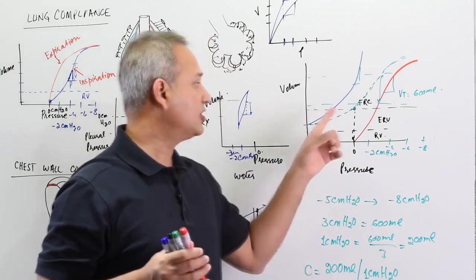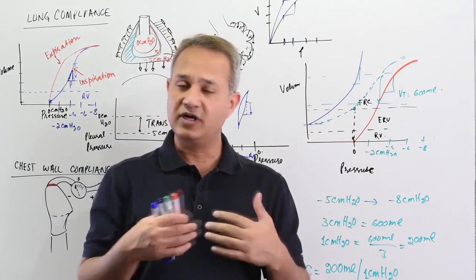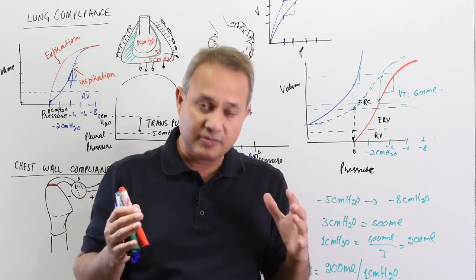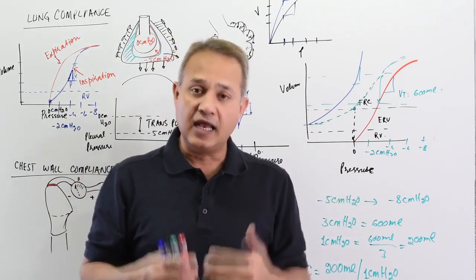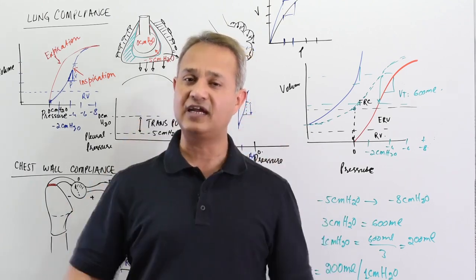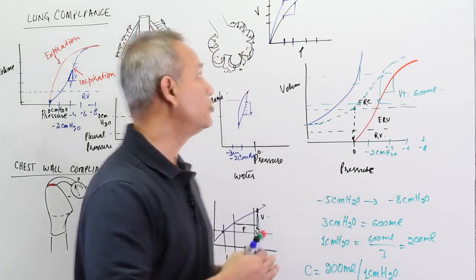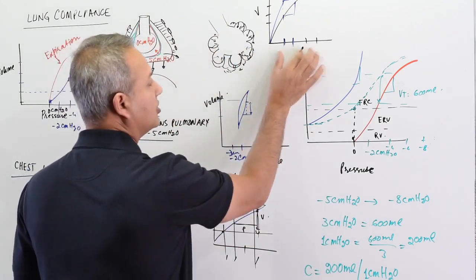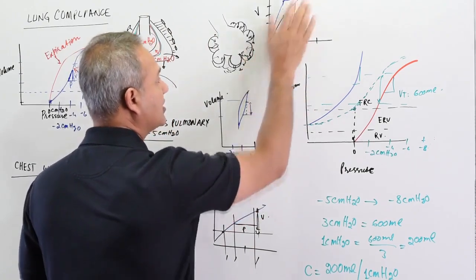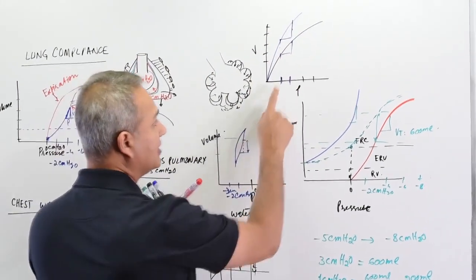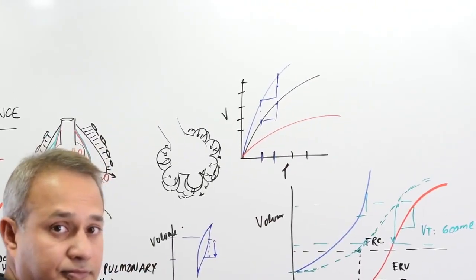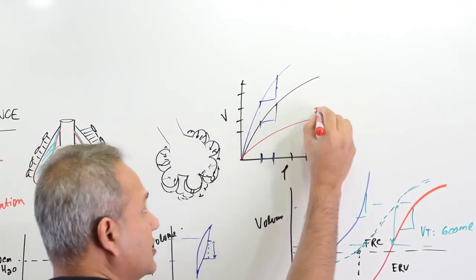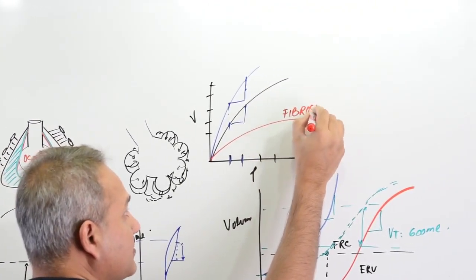So what would happen to the functional residual capacity? Will it still be the same? No, the lung volume has reduced, so the residual capacity is reduced. Now what will happen if you try to inflate this lung? If you're trying to move the pressure needle so that you can increase the volume, do you think it would be easier? No, it is going to become difficult. So now this is fibrosis. What happened in this case?